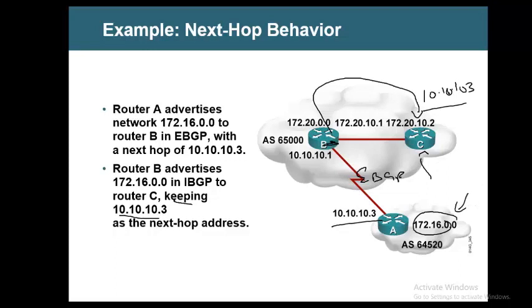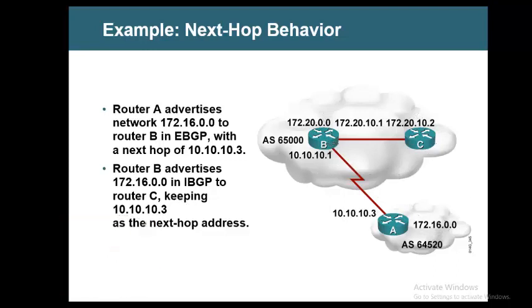Router C cannot ping 172.16.0.0. That's true. Router C cannot ping. The reason is the next hop is 10.10.10.3. We don't run any routing protocol in between B and A, so router C does not know about this 10.10.10.3 that it is learning.